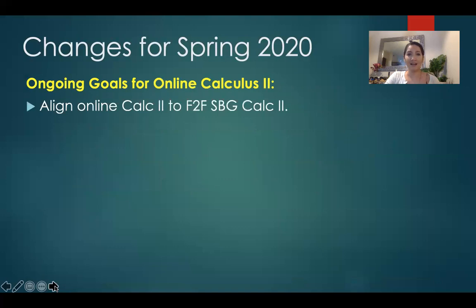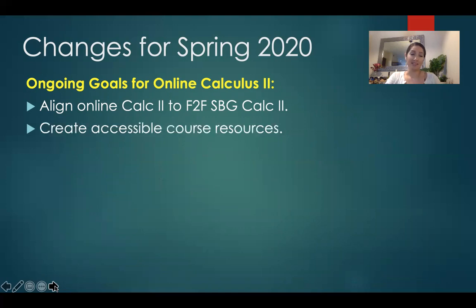So in Online Calculus 2, which is what I was teaching in spring 2020, I wanted to align the course materials for Online Calculus 2 to face-to-face standards-based grading Calculus 2, so that the learning outcomes were exactly the same from the online environment to the face-to-face environment. And that meant aligning all of the lesson plans and the activities, and making sure that the students were aware of the learning outcomes they would be responsible for on the exams.